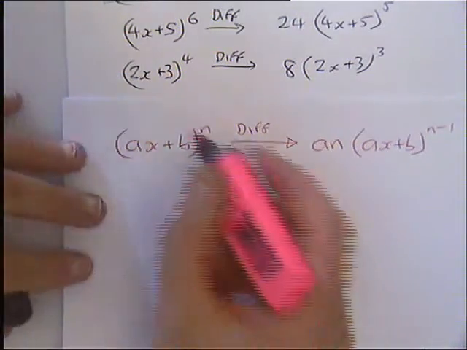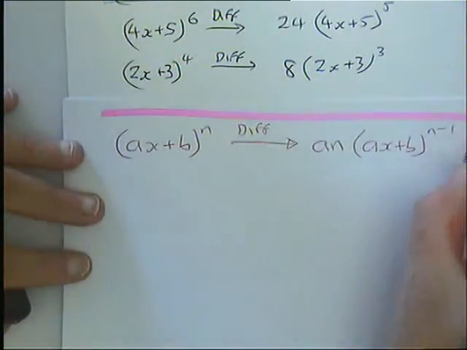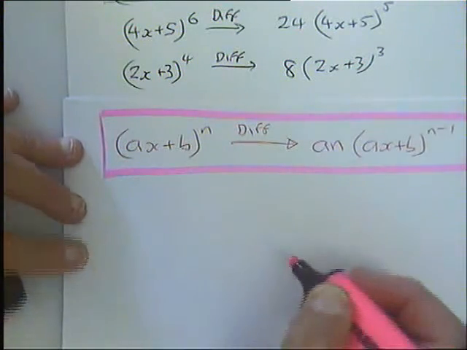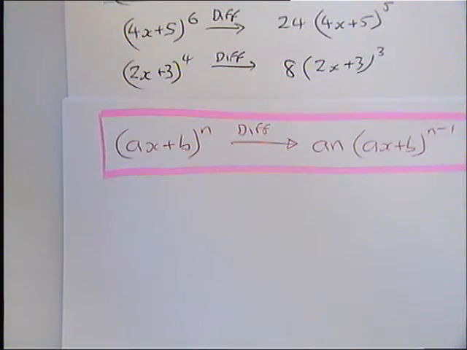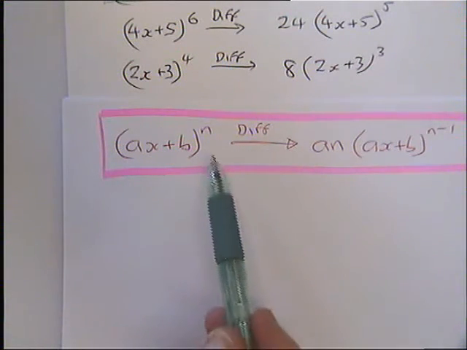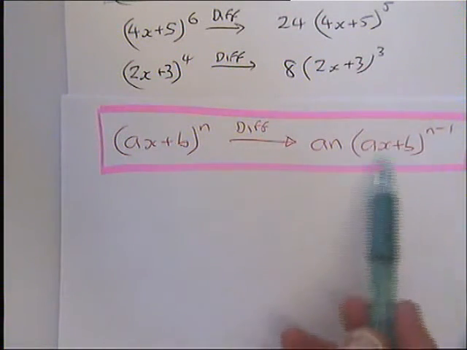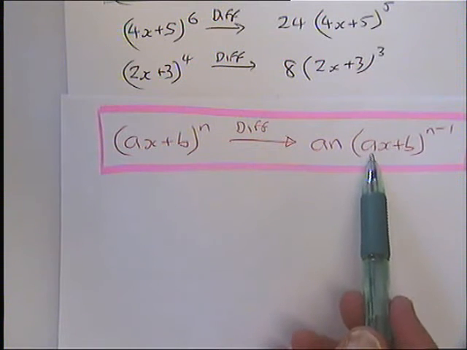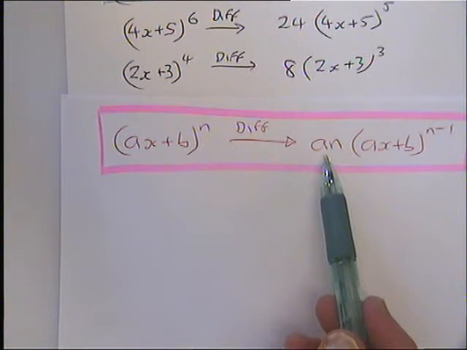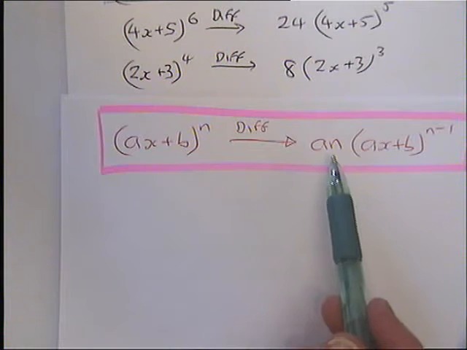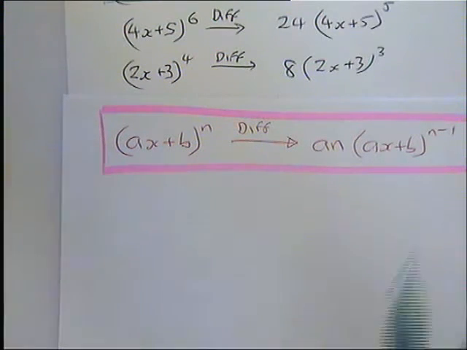Okay. So your first red box rule with me post AS exams is for differentiating a bracket with a power on it. The power and how many x's come out the front. The bracket stays the same and you reduce the power by 1.